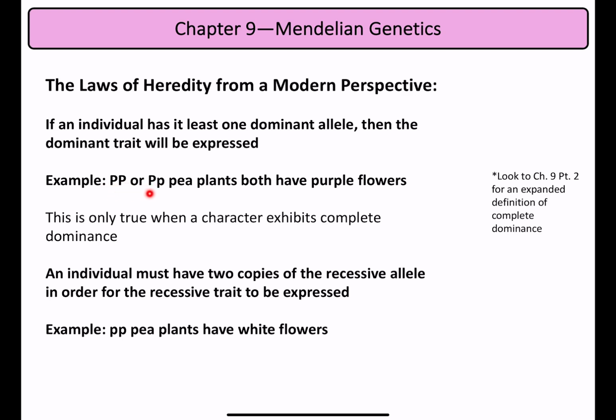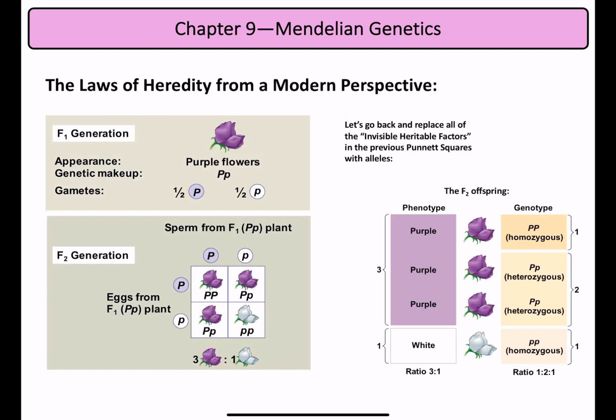As long as you have at least one dominant allele, you're going to express the dominant trait. And likewise, we call it the recessive allele because you need 2 copies of it to express the recessive trait. Okay, so that's the best true definition of dominant versus recessive.